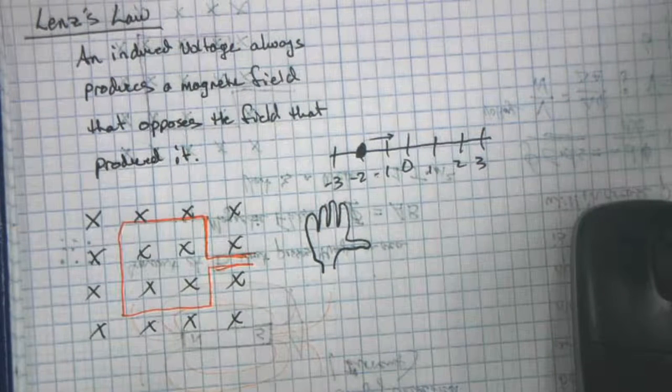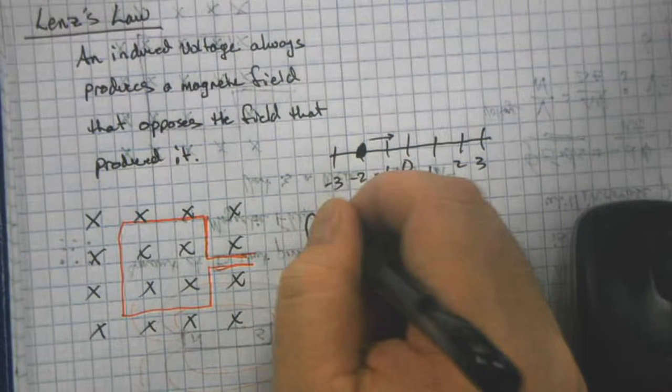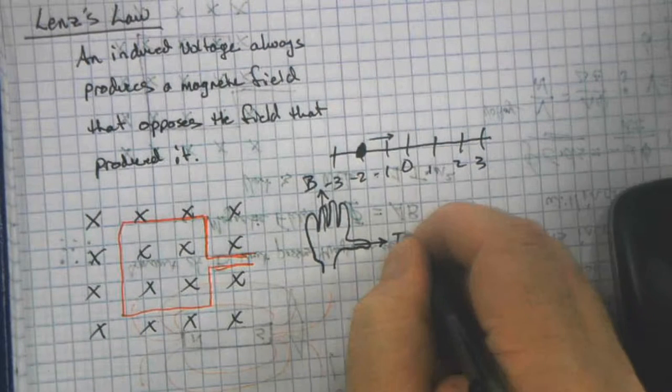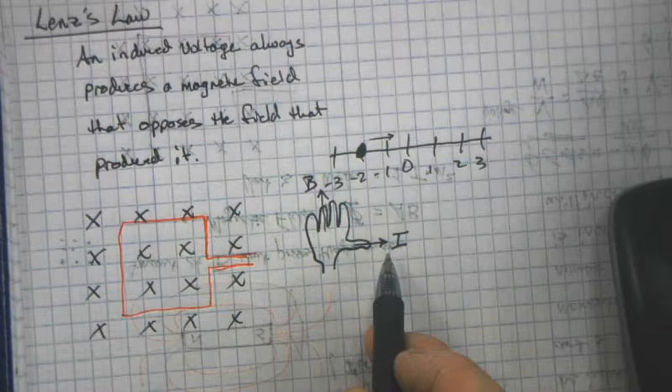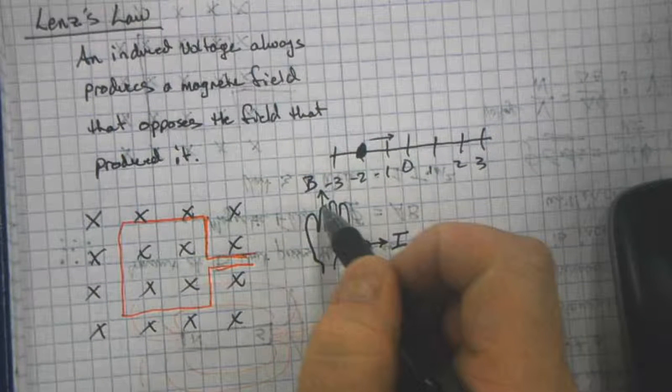Okay. Pretty crappy hand. Okay, the direction of our fingers is our magnetic field. This is our current. So we stick our thumb in the direction of the current, and the magnetic field is going to be how we curl our fingers.